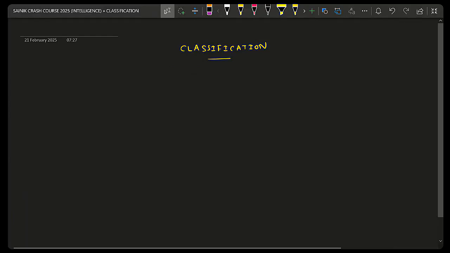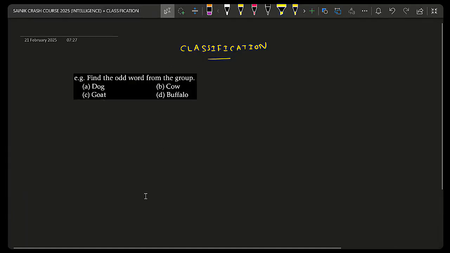So let us take one simple example to make you understand. Find the odd word from this group: dog, cow, goat, buffalo.